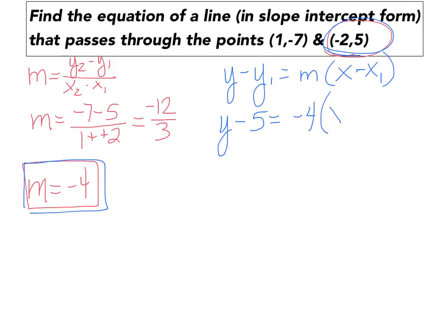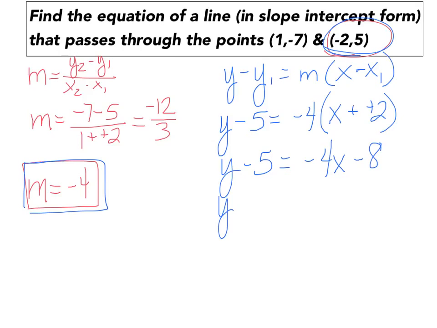Leave the first x there and replace the second one with the x from your point. Change that to a plus plus. Distribute the -4. So -4x. -4 times a +2 is going to get me a -8. Let's add the 5 to the other side.